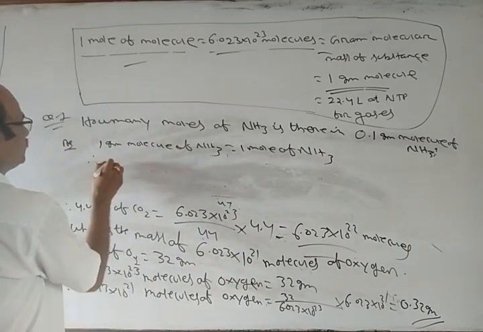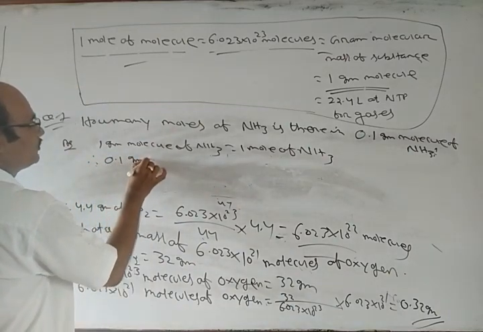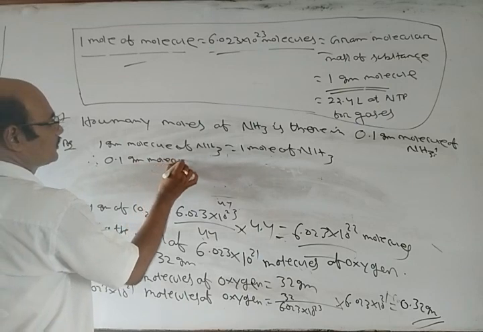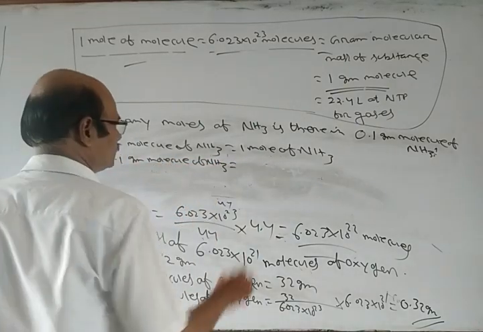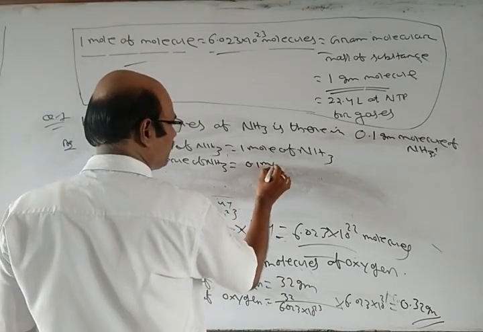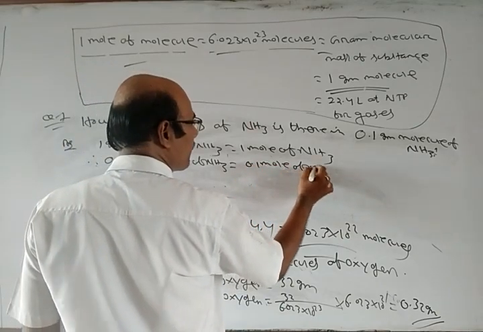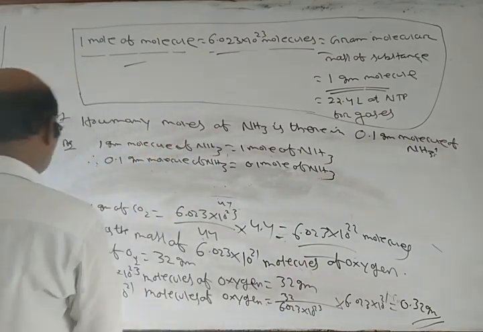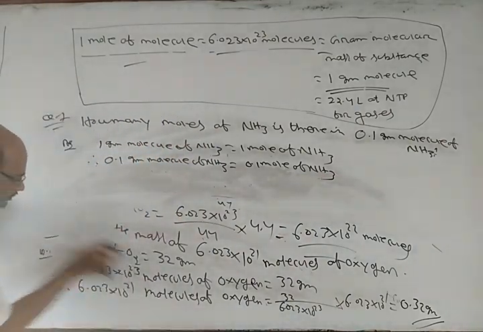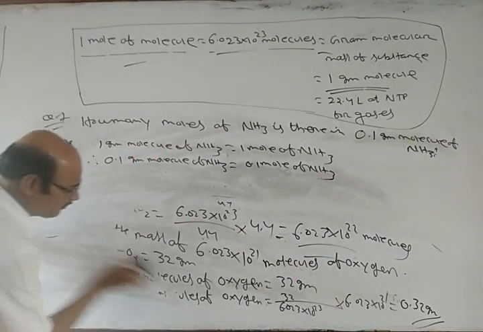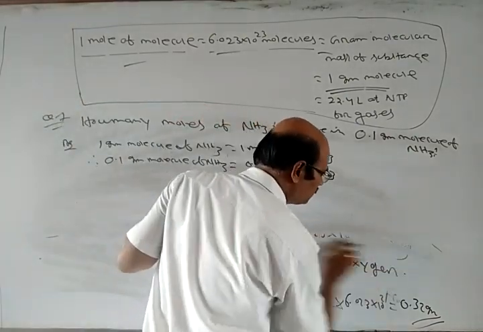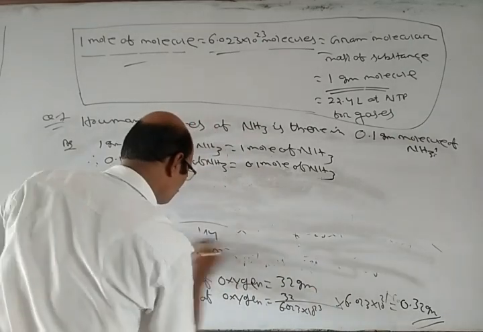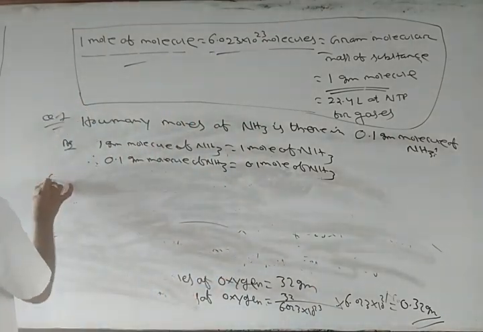Therefore 0.1 gram molecule of ammonia equals 0.1 mole of ammonia. Similarly, we can relate the gram molecule to the number of molecules and also to mass.